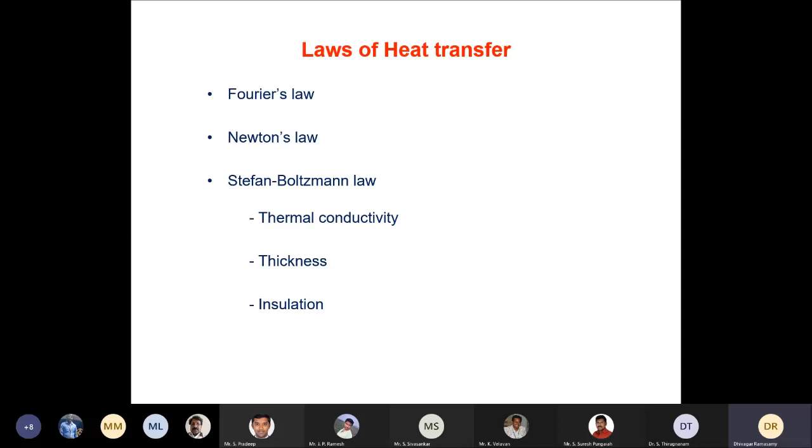If a material has a low thermal conductivity, we cannot achieve the heat transfer rate we need. So before studying heat transfer from one point to another point, we should know what material we are using, its thickness, and the thermal conductivity value of that particular material.